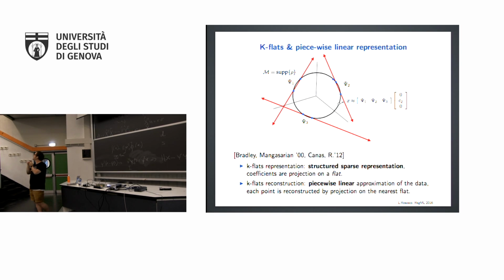Let's look instead a bit more, again, at the modeling point of view. You're now doing some form of representation. Is it sparse or not? In k-means, you were assigning each point to a vector, and then outputting the representation vector with 1 and then all zeros. What about k-flats? What do you do?